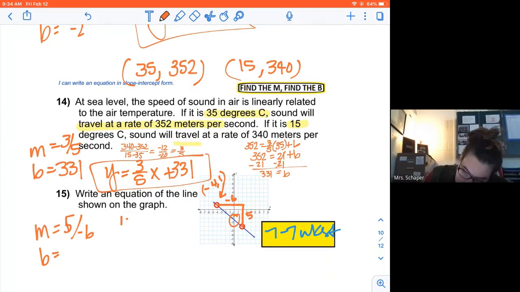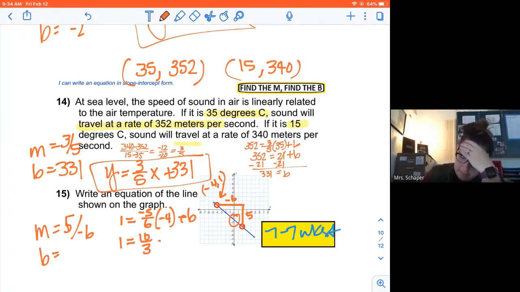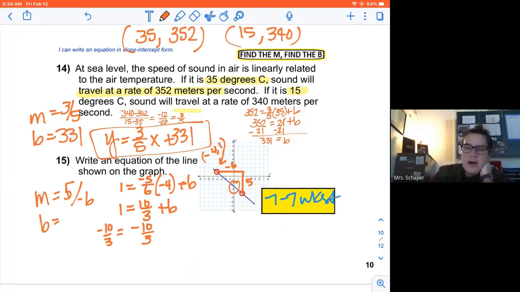So I need to solve for it. 1 equals -5/6 times X plus B. 1 equals 10/3 plus B. I'll subtract 10/3. And I do a lot of this on my calculator, or I've done it before, so I just remember.